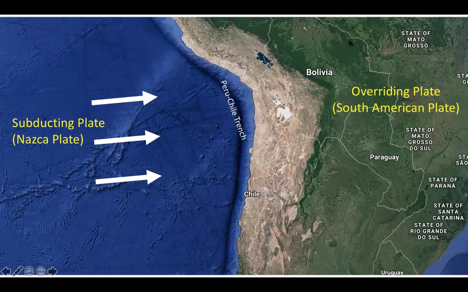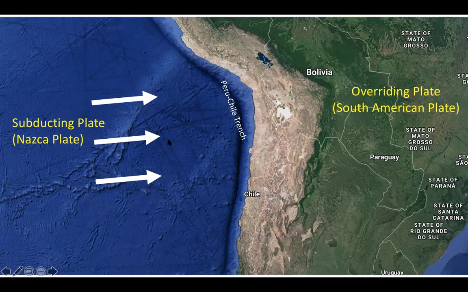And the deal is that this South American plate includes all the continent and then some of the ocean up to about here. This plate, called the Nazca Plate, is heading to the right, while the South American plate is heading to the left in this picture, or toward the east and toward the west. This plate here on the ocean floor is going underneath the South American plate. So this is the subducting plate that's sliding underneath South America.